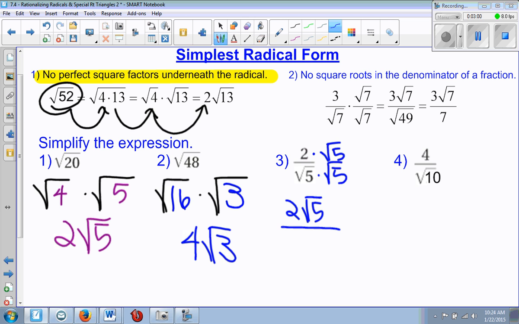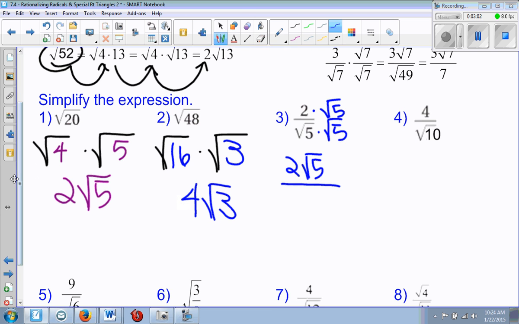In the denominator, the whole reason that we do this is because square root of 5 times square root of 5 is square root of 25. Now if you notice, the denominator now is a perfect square, which means that I can simplify the square root of 25 into just 5. So I no longer have a square root in the denominator, so it is considered simplified.